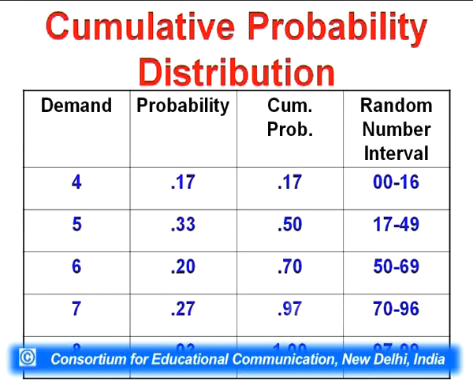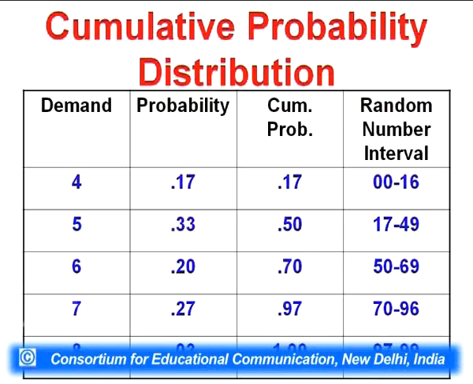So 0 to 16 is the first interval. For the second, we'll start from 17, the next number, and go one below the cumulative probability. One less than the cumulative probability is 49. So we'll write the next random number interval as 17 to 49, similarly 50 to 69, then 70 to 96, and the last 97 to 99.